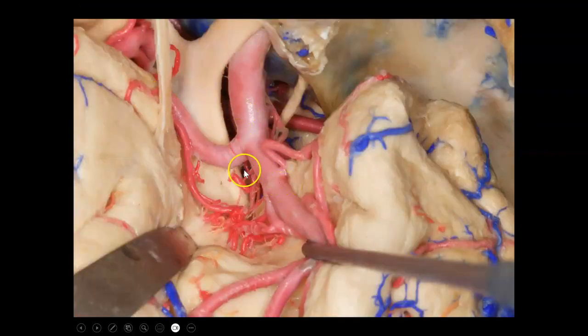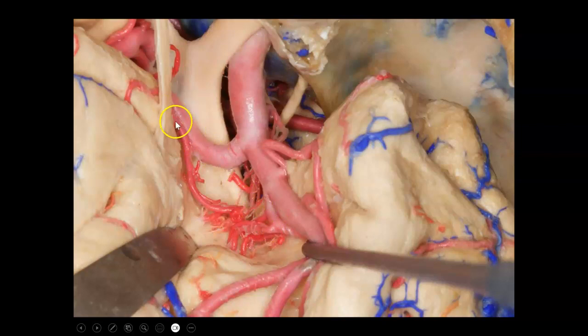And again, carotid bifurcation, anterior cerebral, middle cerebral, and you find that the distal internal carotid artery and the choroidal segment give perforators piercing the anterior perforated substance and supplying the deep structures, as we said.